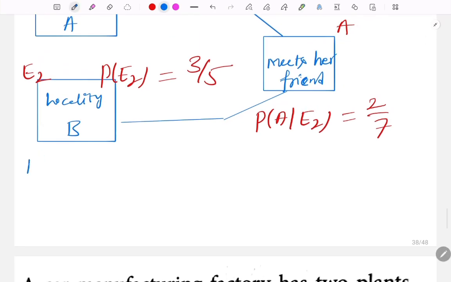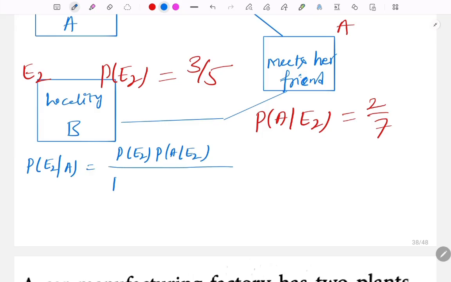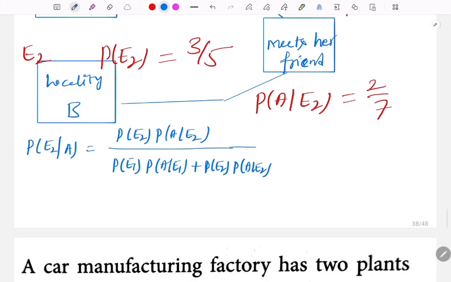P of E2 by A, it's Bayes theorem: P of E2 into P of A by E2, divided by the total probability, P of E1 into P of A by E1, plus P of E2 into P of A by E2. Substitute those values here and write down the answers.